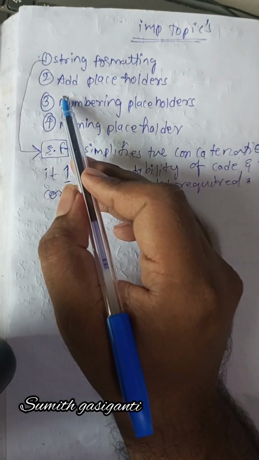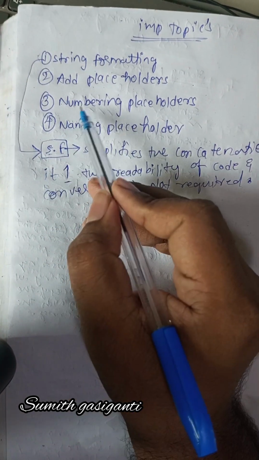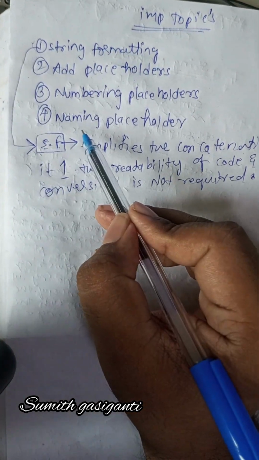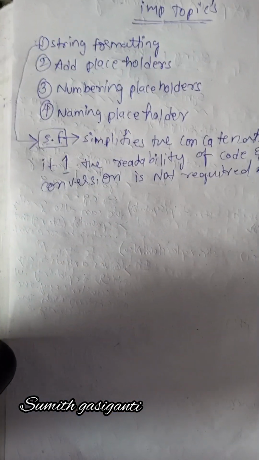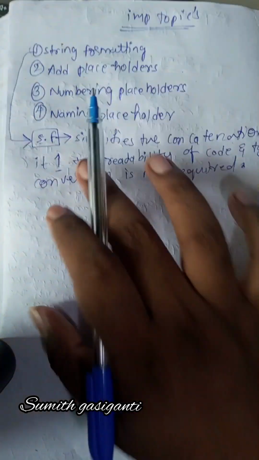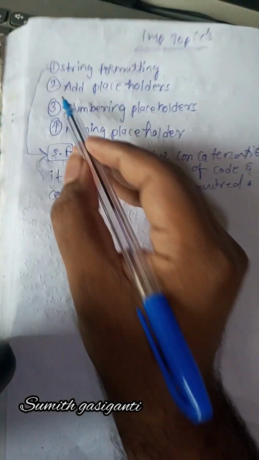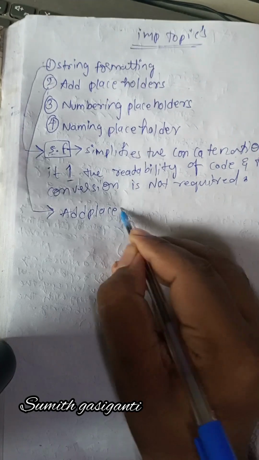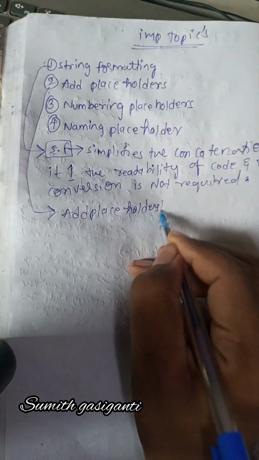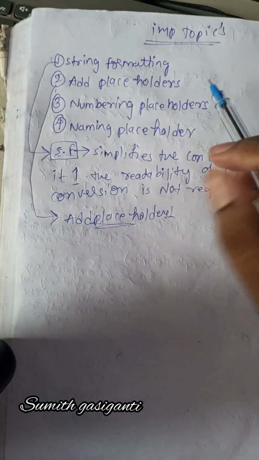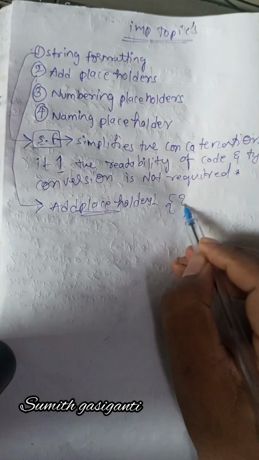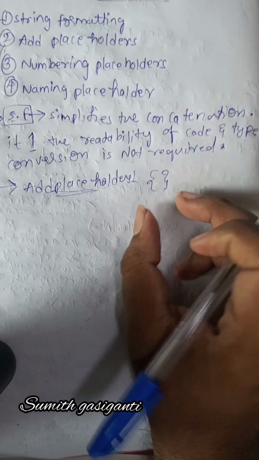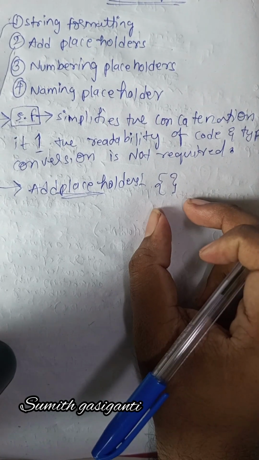What are the add placeholder, number placeholder, and naming placeholder? I am explaining with an example so you can better understand this concept. Coming to the add placeholder: the curly brackets, opening and closing on both sides, are the symbol of add placeholders.